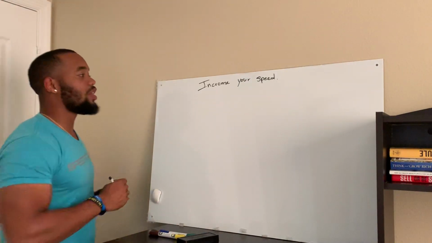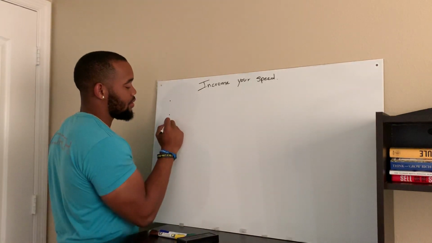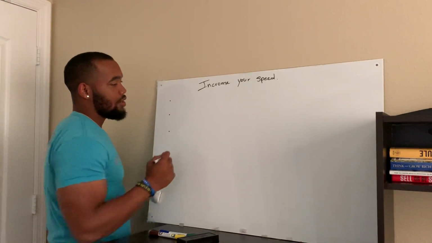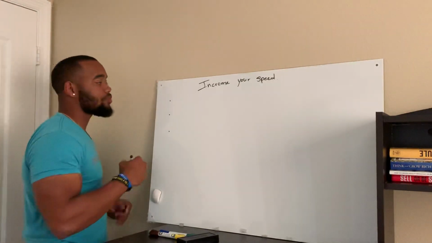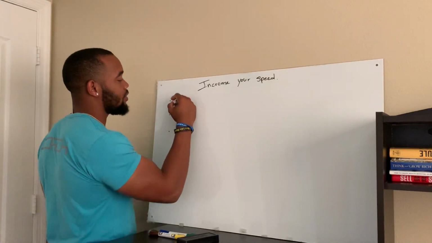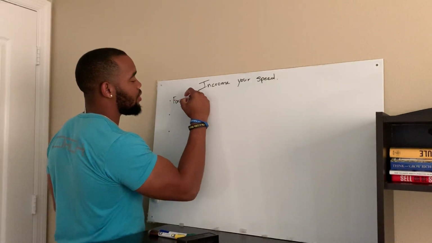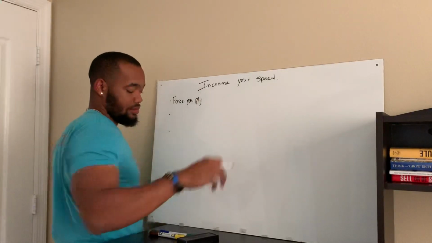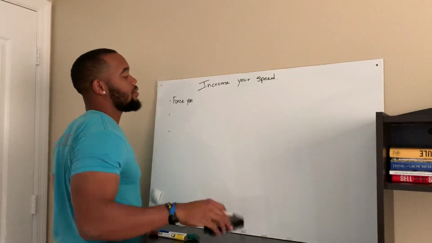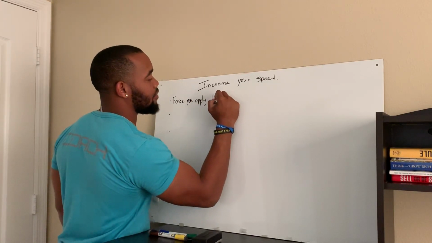So what I'm going to dive into is the 3 ways to get faster, or the 3 components of speed. Number 1, I call this the force you apply to the ground.